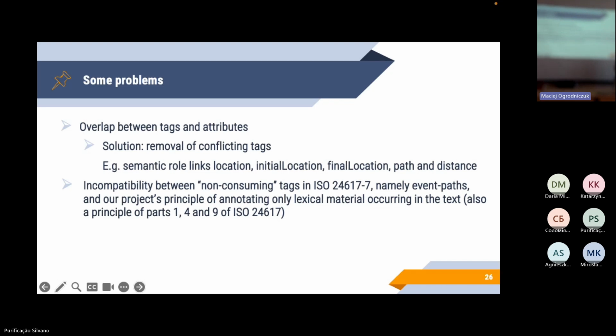annotation tools is that we can only annotate what is called explicit lexical expressions. But in Portuguese, for instance, the subject can be omitted.